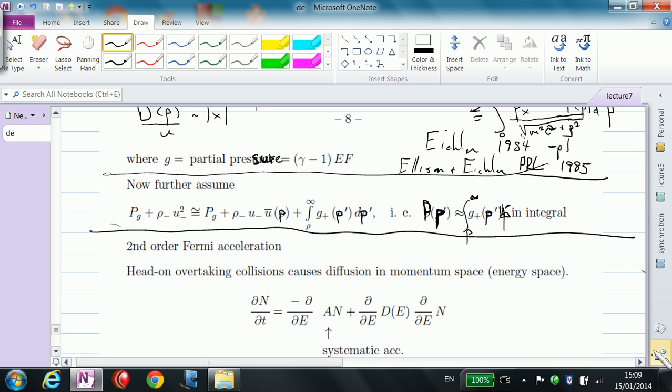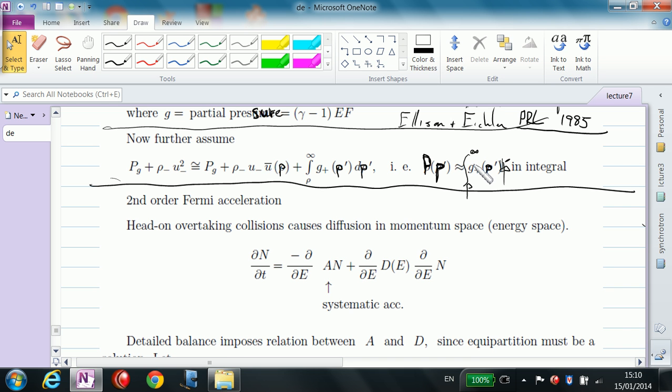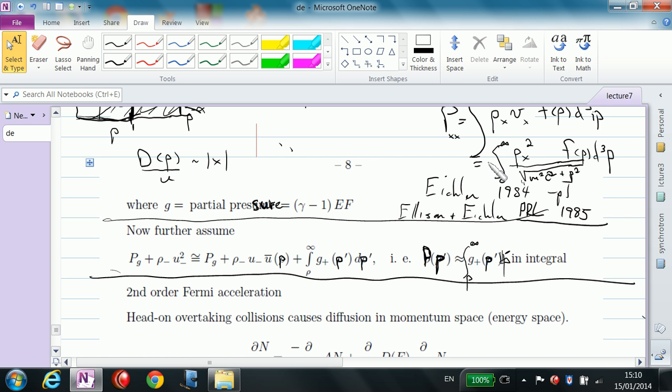And if you're interested, you should just check out these papers. There's also an easier version in 1979, but the one in 84 is actually somewhat more rigorous and correct.